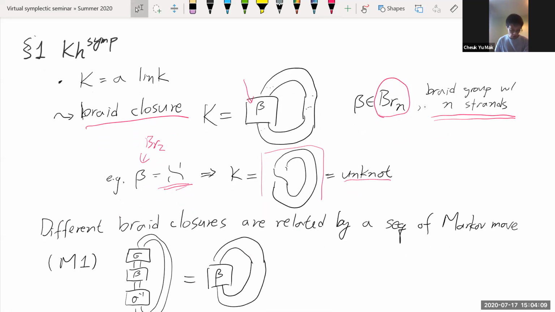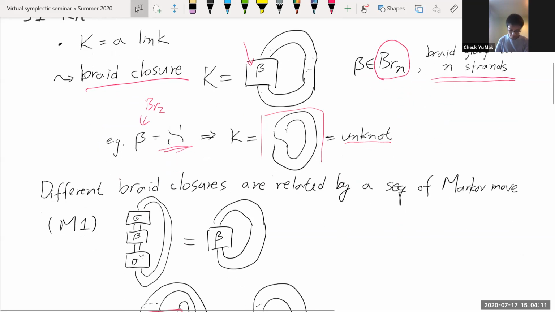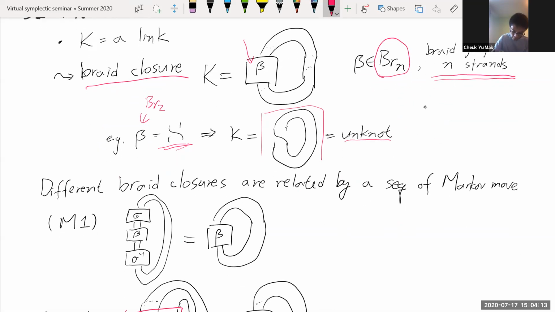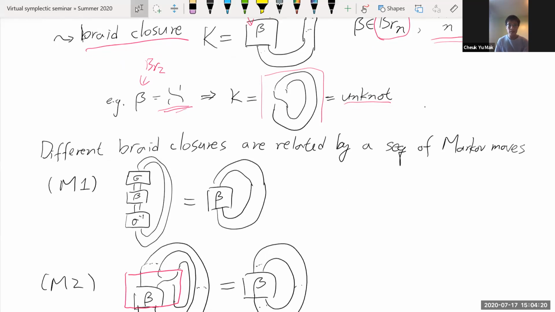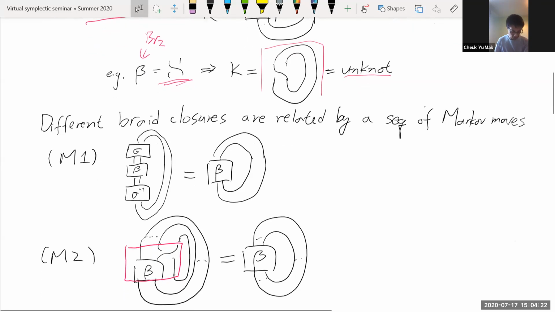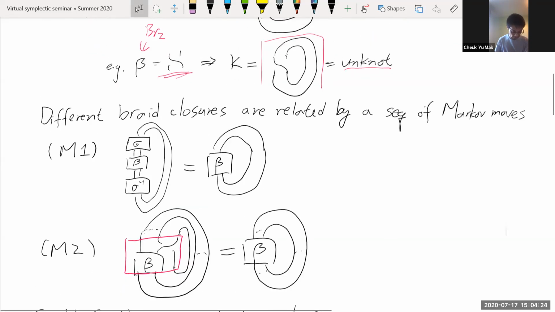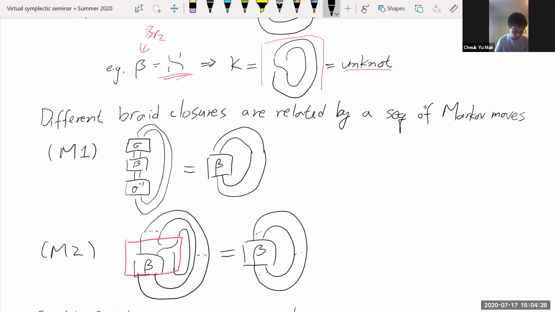Different braid closures are related by a sequence of local Markov moves. The first move says that if you conjugate your braid beta by an element sigma, then the resulting links are the same when you write them as braid closures.